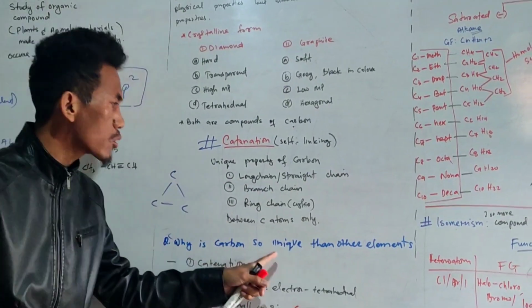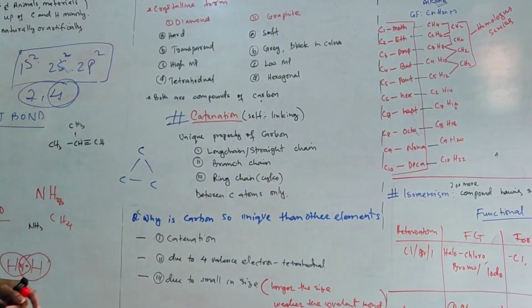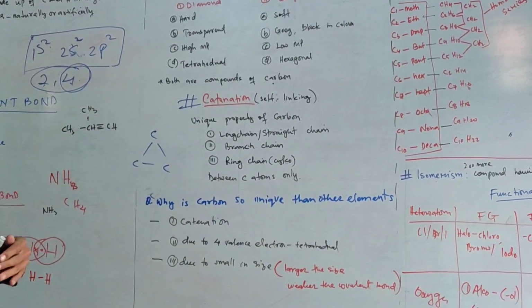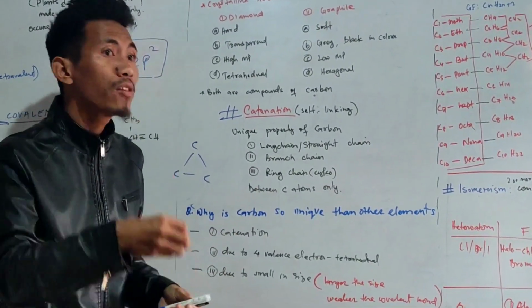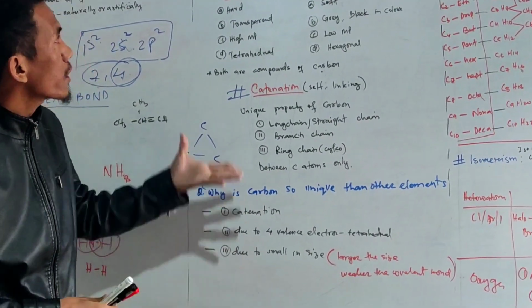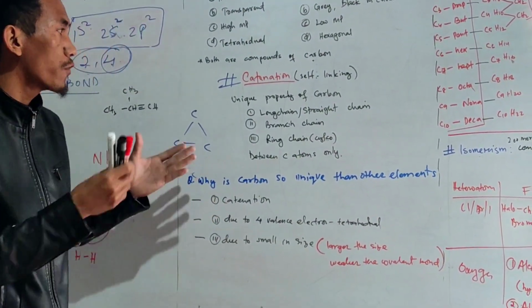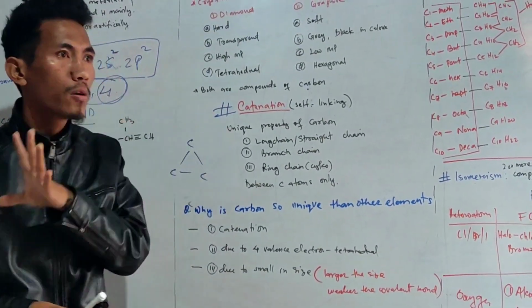Now, why is carbon so unique compared to other elements? Carbon is the hero of this chapter. Why do we study carbon and not other elements? Because carbon has so many compounds, so we study carbon in terms of physical as well as chemical properties. Why does carbon have unique properties compared to other elements?